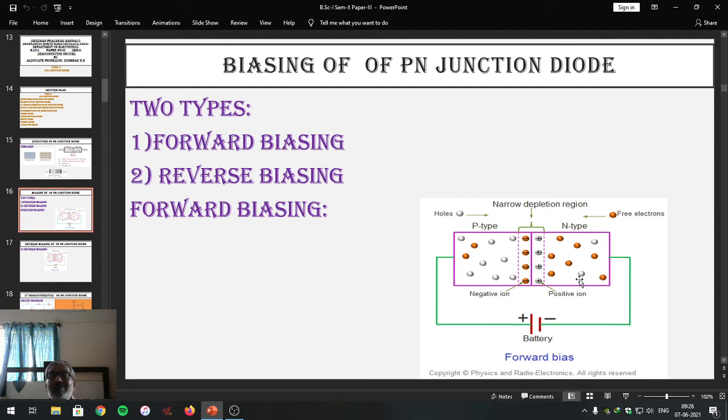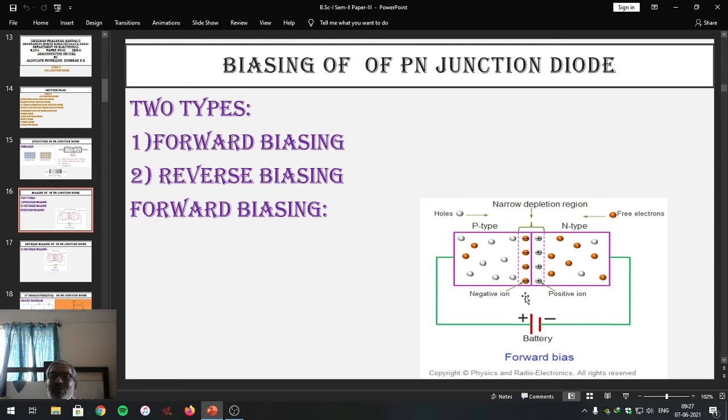Thus, when a PN junction diode is forward biased, until the battery voltage becomes equal to the breakover voltage, the diode doesn't conduct current. But as soon as the battery voltage becomes equal to 0.2 volt or 0.6 volt, the forward breakover voltage, the conduction mechanism begins by reducing the width of the depletion layer, decreasing the barrier potential and decreasing the junction resistance.